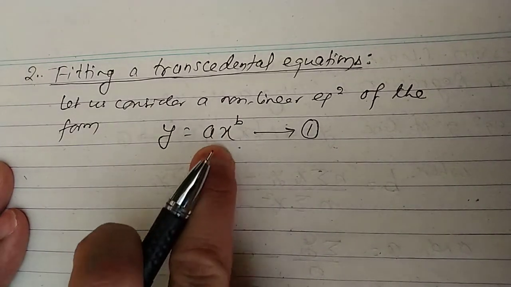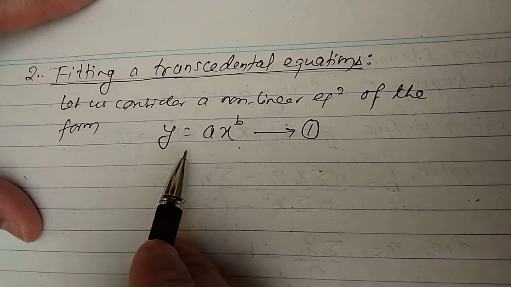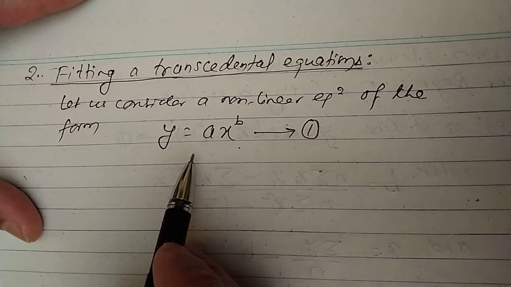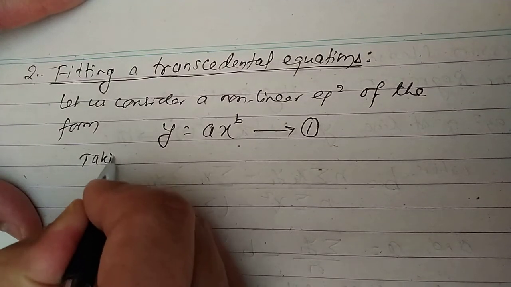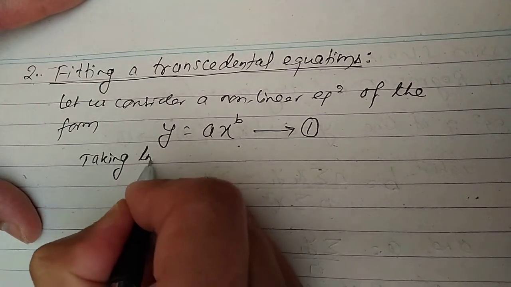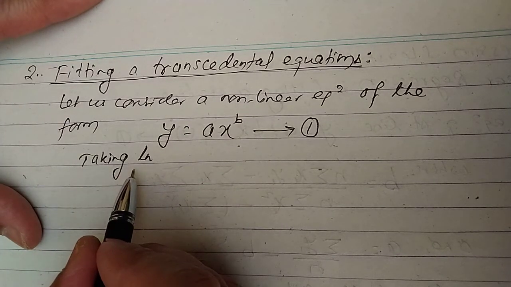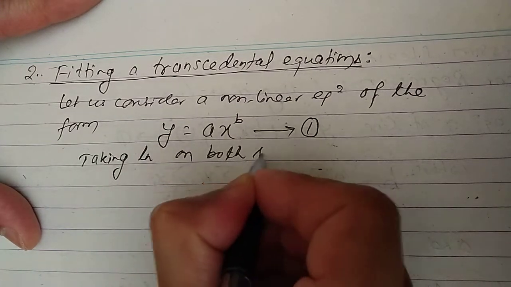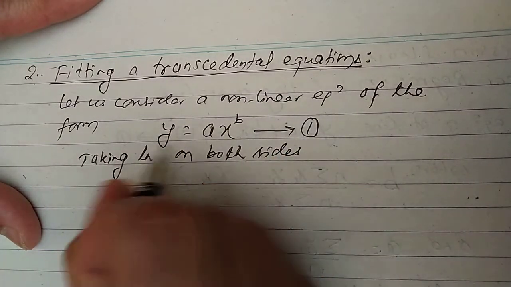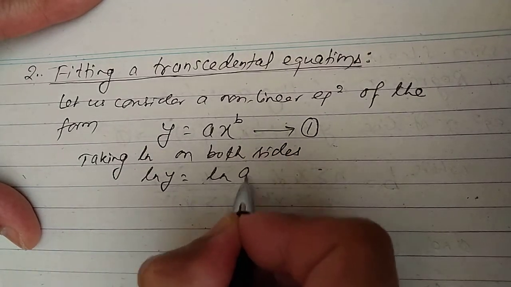Given this type of form, how can we solve it? Taking natural log ln on both sides of equation number 1, ln y will be equal to ln a x power b.